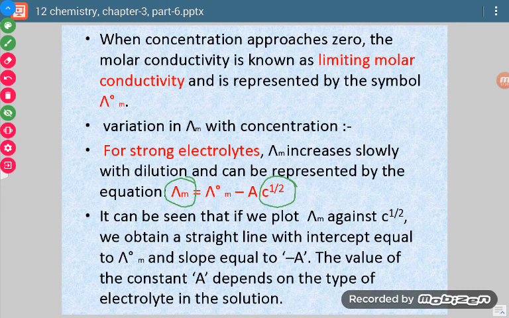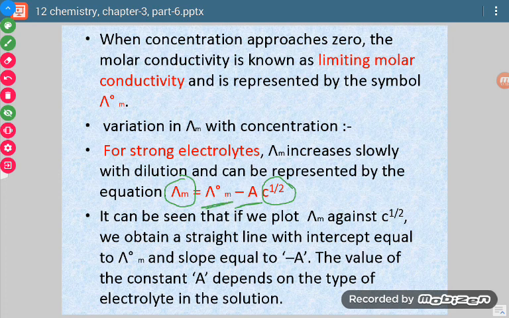When we compare this equation with the equation of a straight line, y equals mx plus c, then under root c is taken on the x-axis and lambda m on the y-axis. Then there is a straight line having a slope of minus A and an intercept. That intercept is lambda m naught.